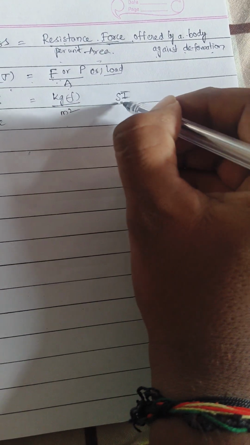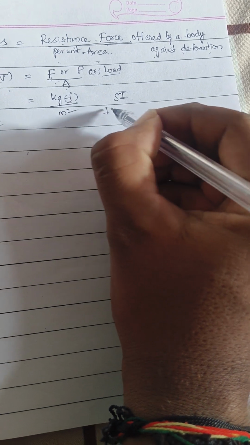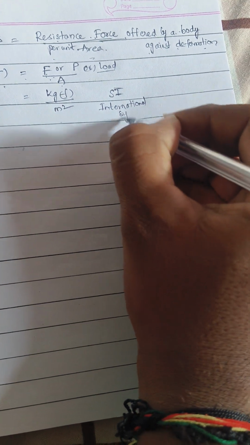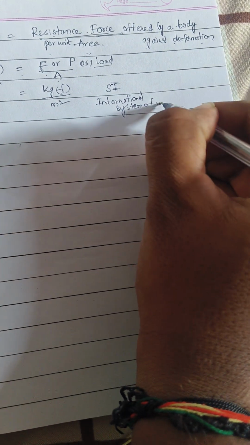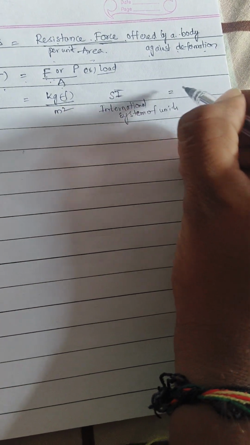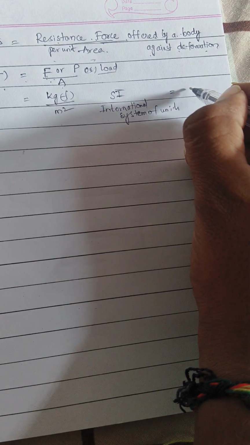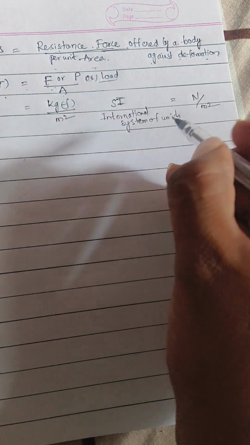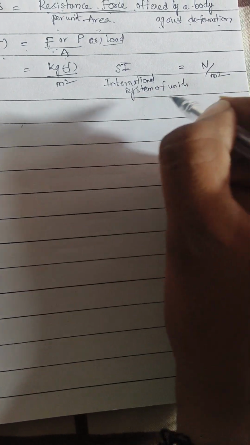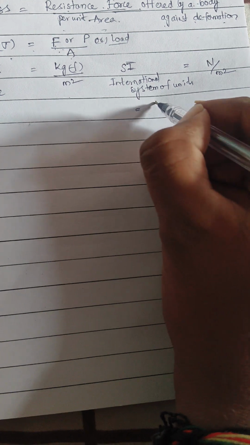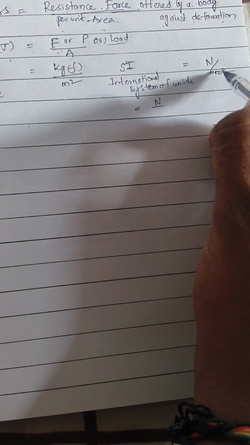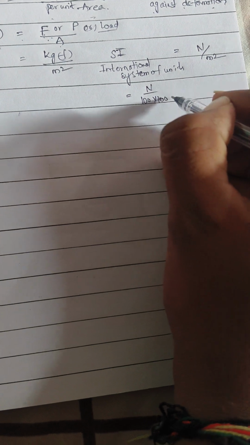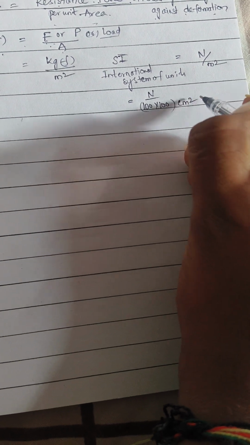In SI system, means International System of Units, for force we are having SI unit as Newton and meter square, or you can also change it into Newton per 100 into 100 centimeters square.